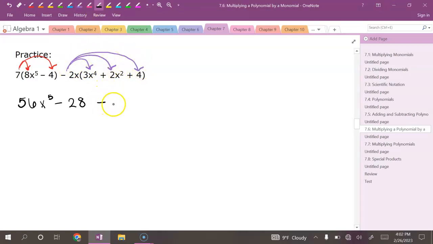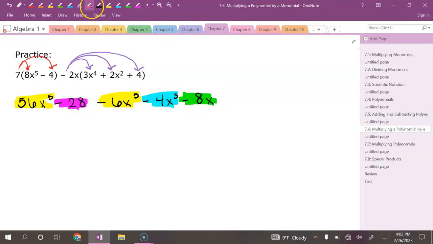And so that says negative 6x to the fifth, negative 4x to the third, and negative 8x. I've got 56x to the fifth and negative 6x to the fifth. Those have to go together. I've got a negative 4x to the third by itself. I've got a negative 8x by itself. And I've got a negative 28 by itself.